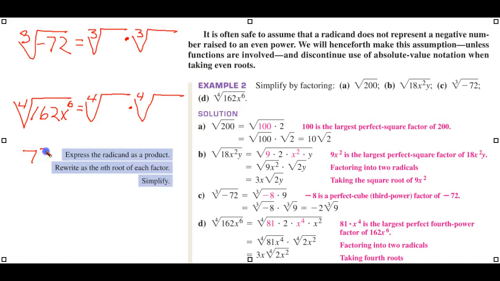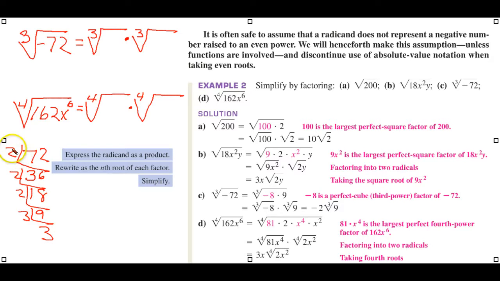So we have 72. Suppose you didn't know how to do it. Well, you would divide 2 into there, and that goes 36. You go 2 into there, and that is 18. Divide 2 into there, and you get 9. And that's 3 times 3.